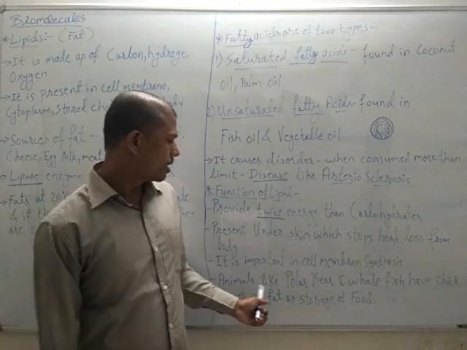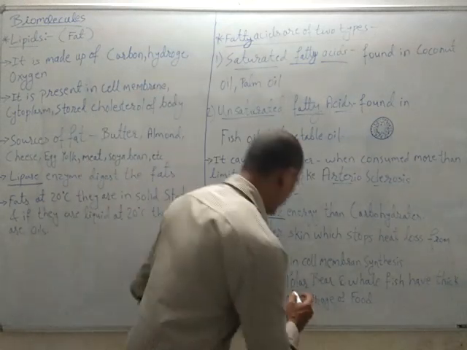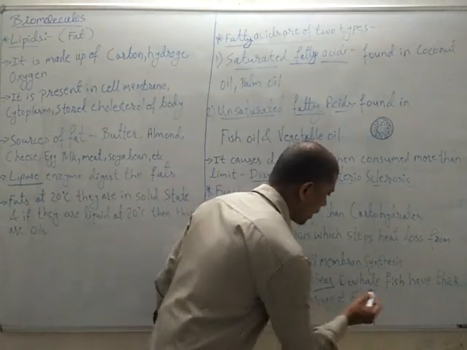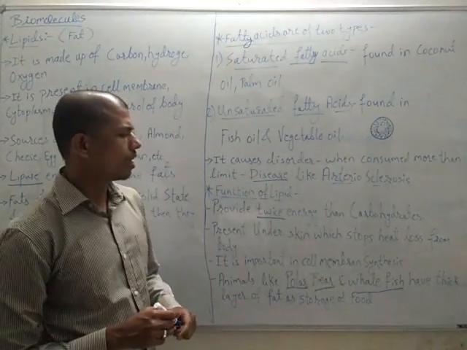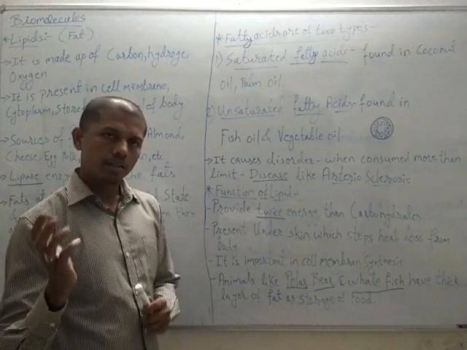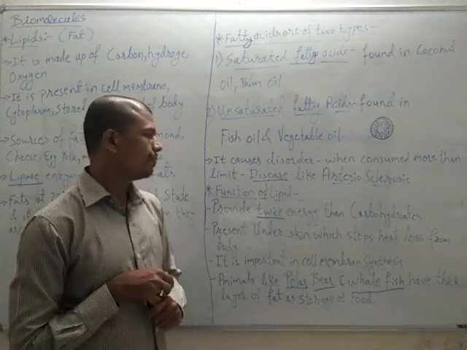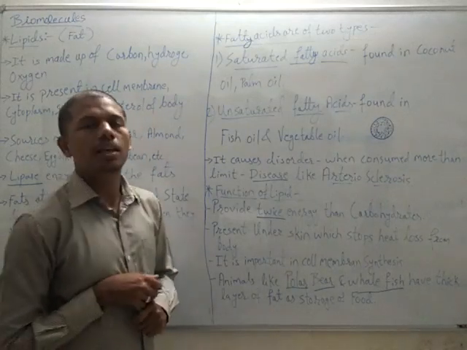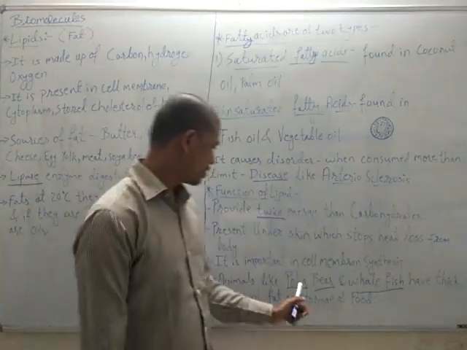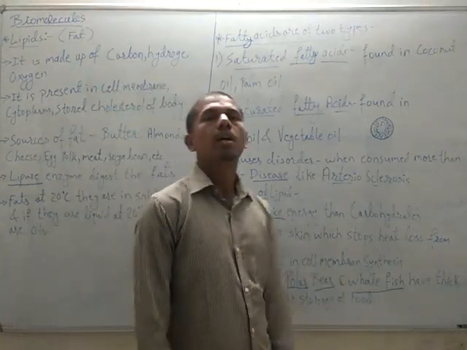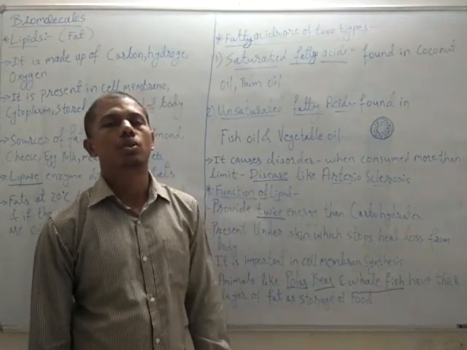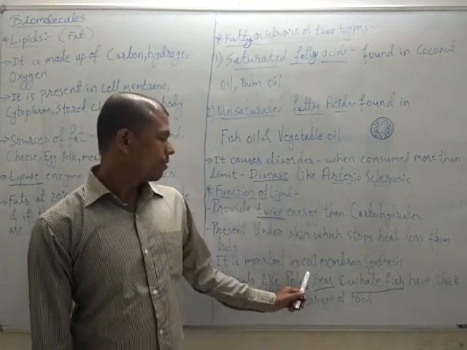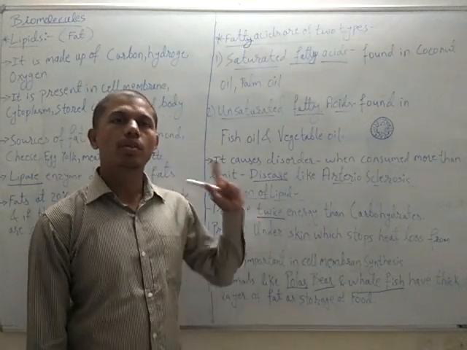In some animals like polar bear and whale fish, they have a very thick layer of fat just inside the skin. Why is this thick layer of fat present? Because it acts as a storage of food. Food is stored in the fat in the form of a thick layer.